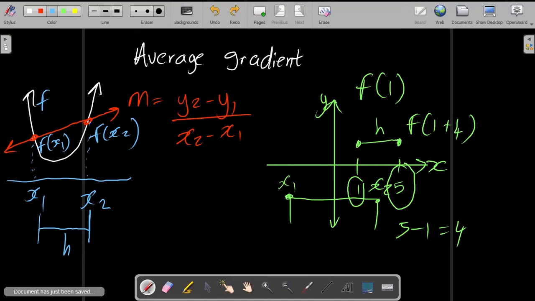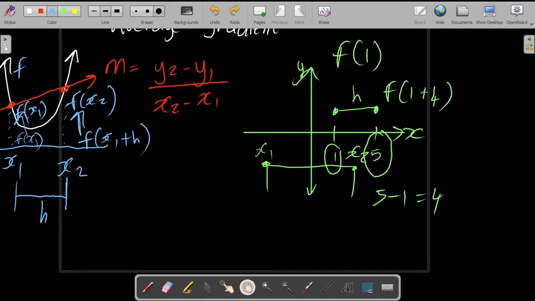So the notation would now be, this is f of x1 at this point, and at this point we have f of x1 plus h. So we are h units away from this point. That is where the notation comes from. And now putting that into this equation, because f of x and f of whatever this is basically the same as our y values, we can now have this kind of notation.